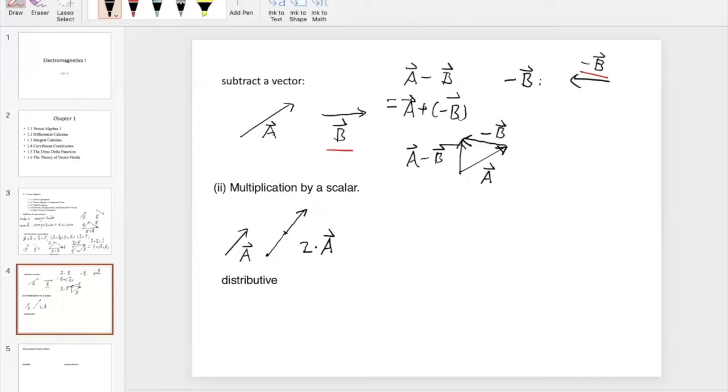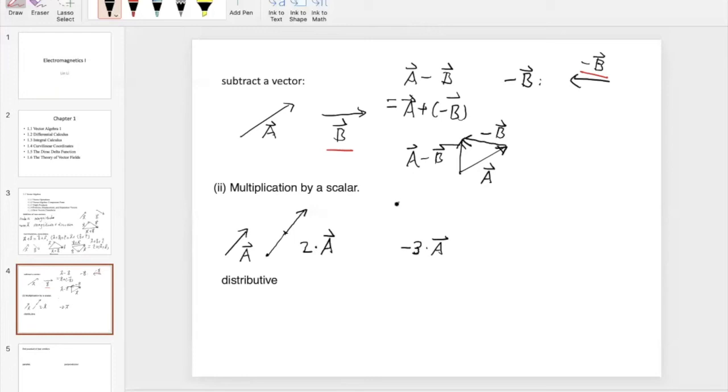What about if we want to calculate negative 3 times A? As we said, if it's a negative value, the vector will change its direction to the opposite direction. So now A is going up and right, so the negative value of this vector will go left and down.